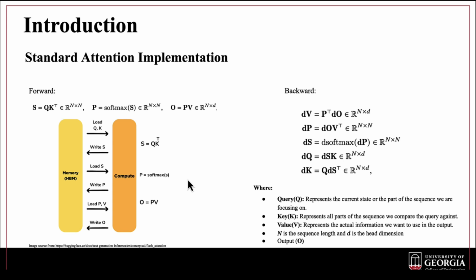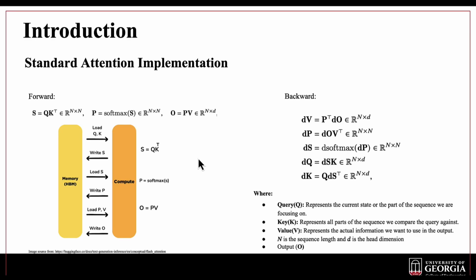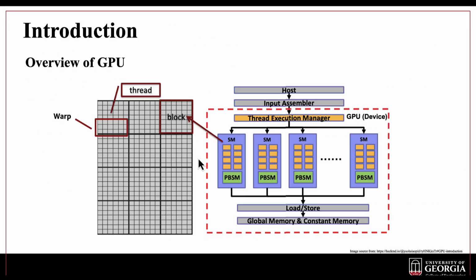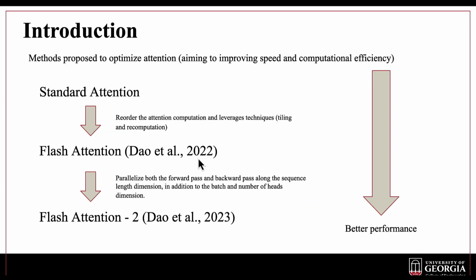So this is why we call it quadratic memory growth. This quadratic scaling becomes particularly challenging when the sequence length is long, because the memory and the computational requirements can quickly become prohibitive.